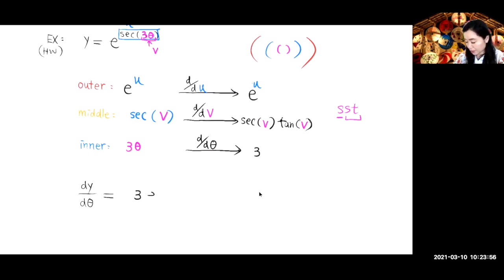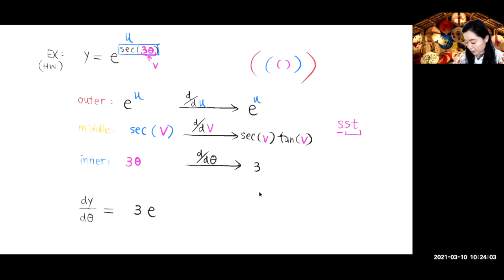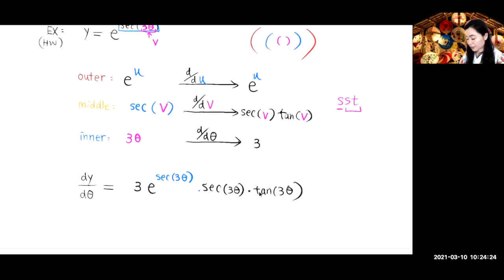And then e to the secant of 3 theta, times secant v, which here is 3 theta, and then tangent of 3 theta. And that's it. Question?